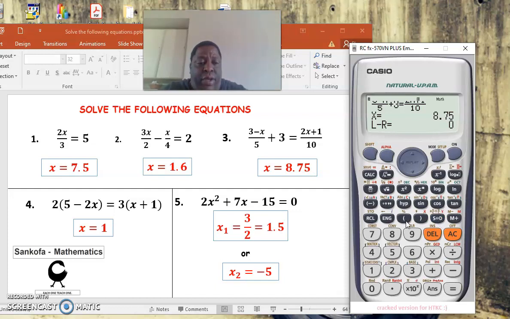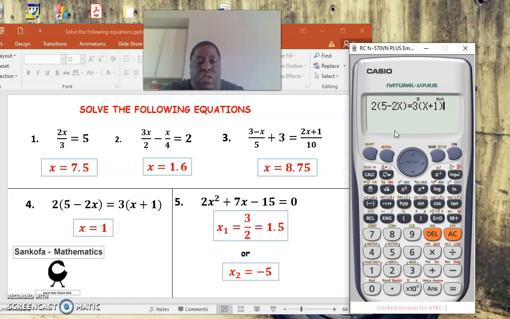Okay, so I'm going to go ahead and clear again to do the next one. This one involves where you have the variable on both sides of the equal sign. Okay, so go ahead and say 2 open bracket, that's 5 minus 2, then you hit alpha x, close the bracket, and say alpha equal to, and then 3 open bracket, and then alpha x, and then plus 1, and you close the bracket.